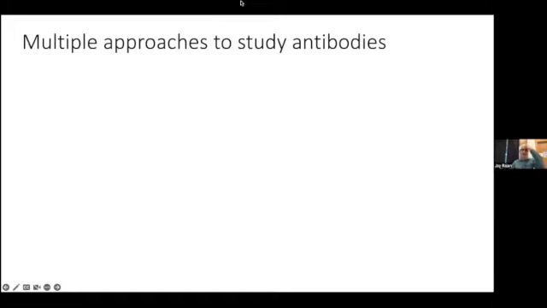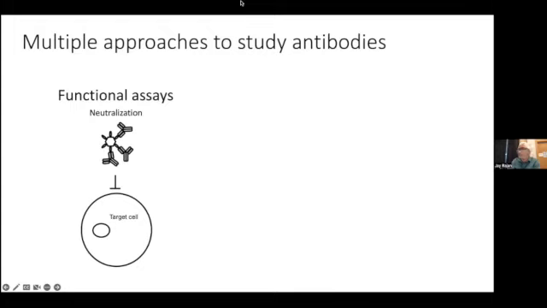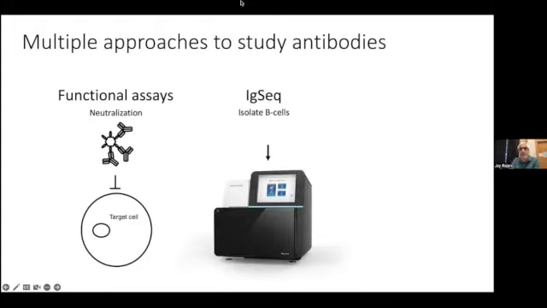So there are a lot of different ways that we use to study antibodies. Obviously, functional assays in many ways remain the gold standard. And so looking at things like antibody neutralization of viruses is a key way to measure antibody function. Then there's Ig-Seq, a more next-generation, high-tech approach where you're isolating B cells. Classic Ig-Seq is bulk B cell sequencing.